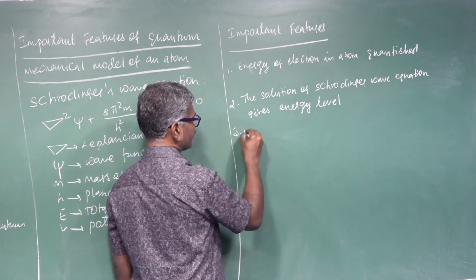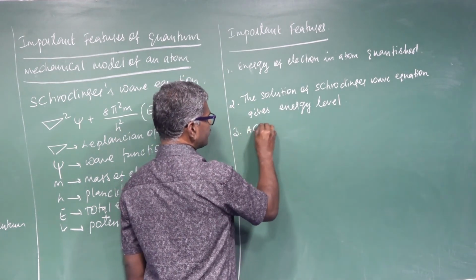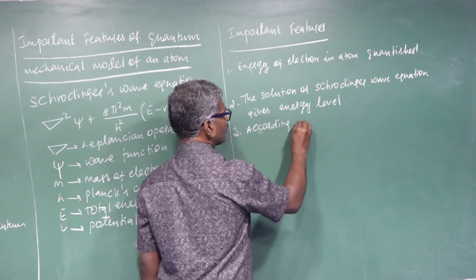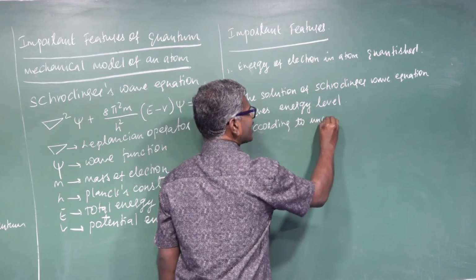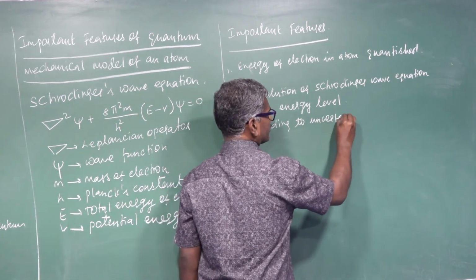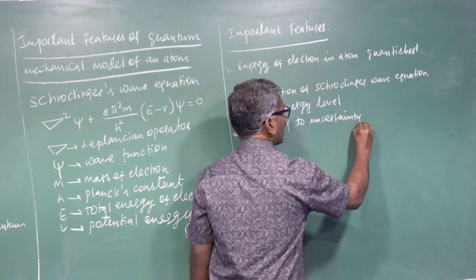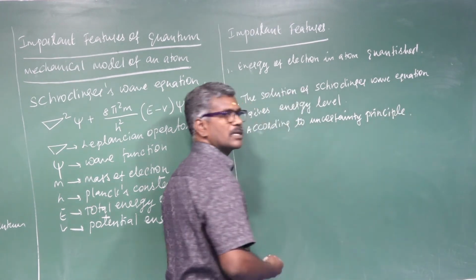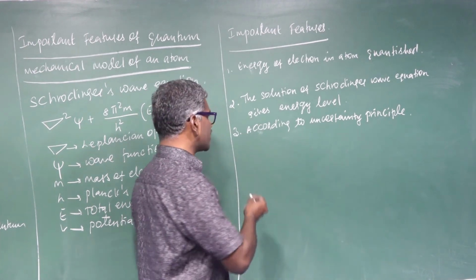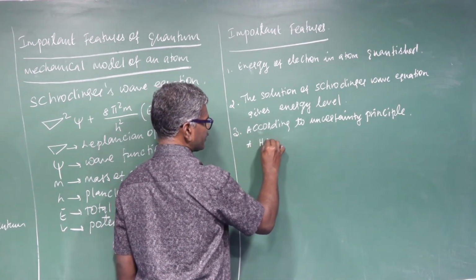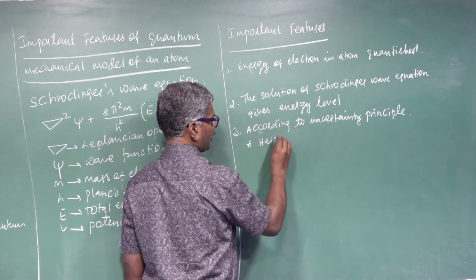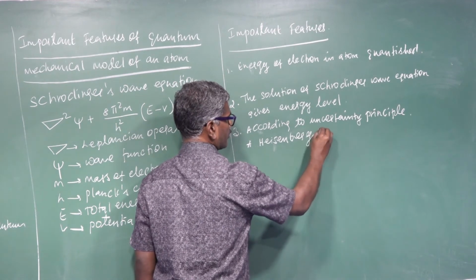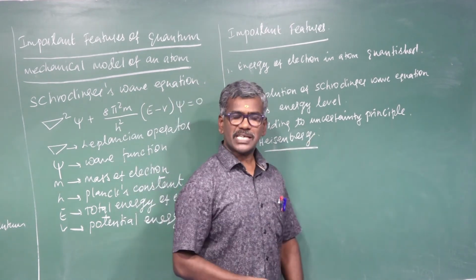Point number 3. According to the uncertainty principle, explained by Heisenberg, what is the definition?